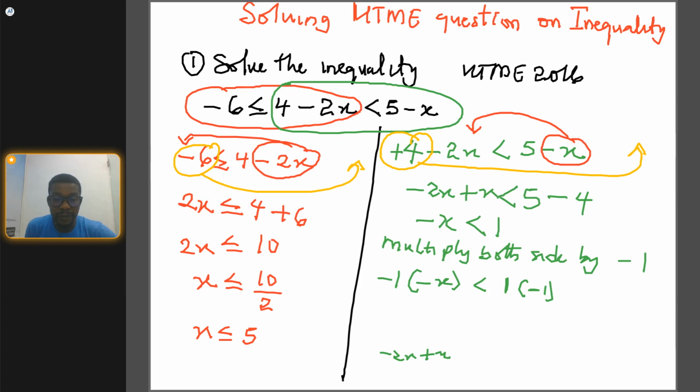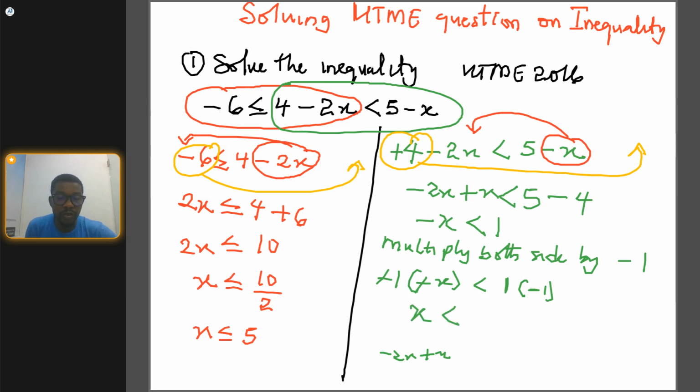Minus times minus, we say we have plus, which is also the same thing as minus cancel minus. So 1 multiplied by x will be x is less than. Now, is it going to be less than?